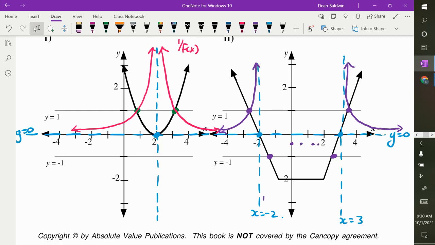So it looks like this. Yeah, I just can't draw a straight line. Straight enough. So the purple is your 1 over f of x.